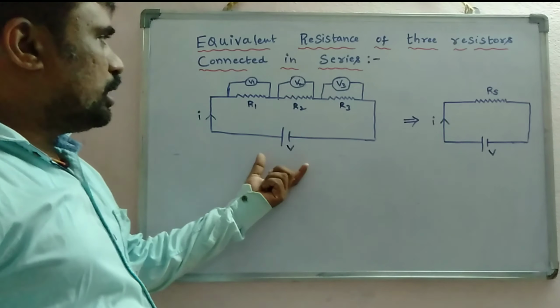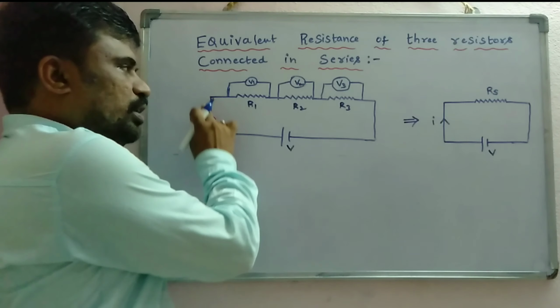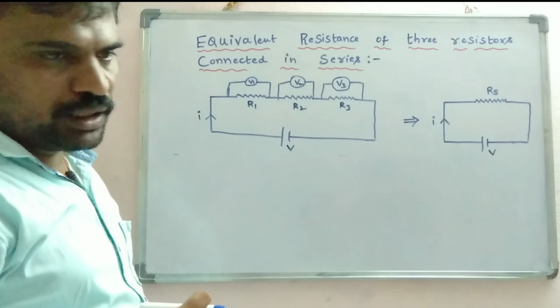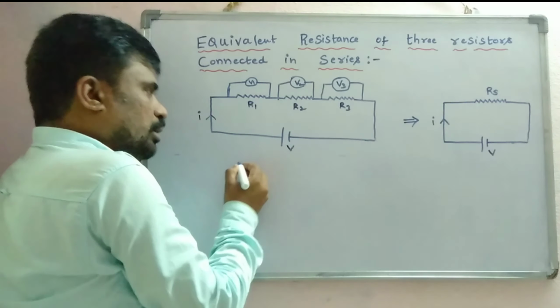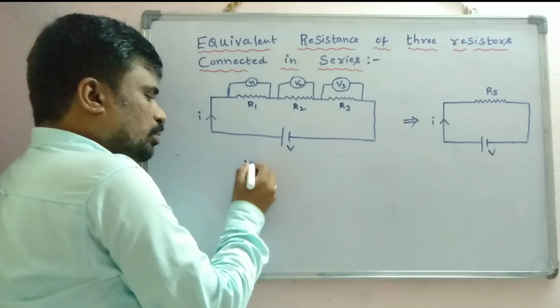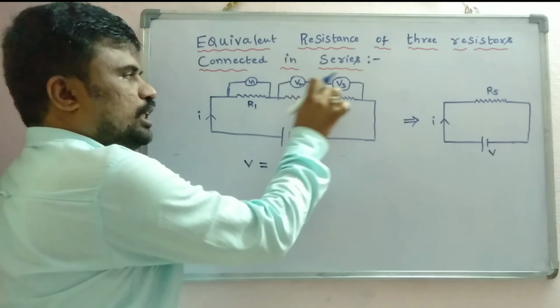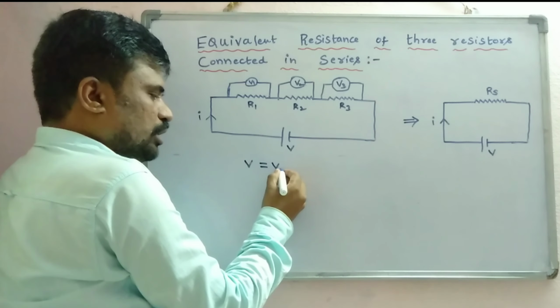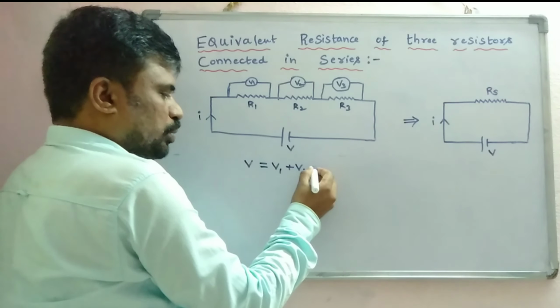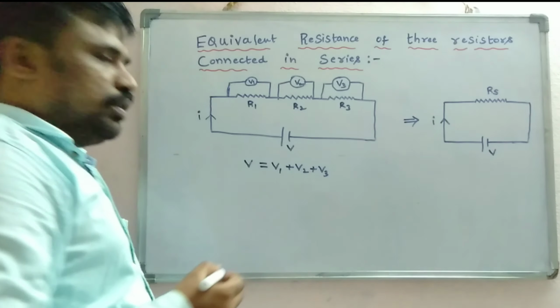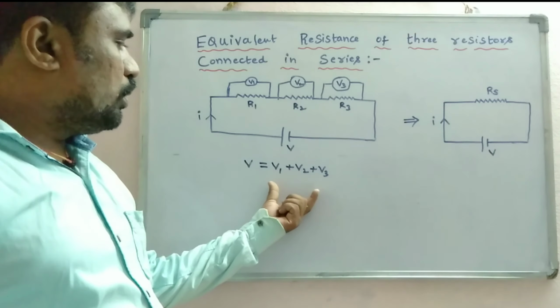So already we know that in series connection current will be same across three resistors and the total potential difference will be equal to sum of the individual potential differences, that is V equal to V1 plus V2 plus V3.